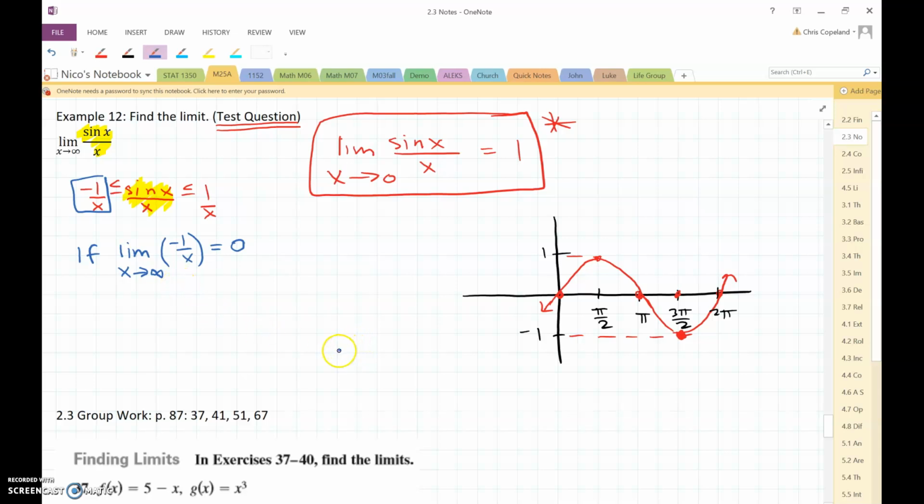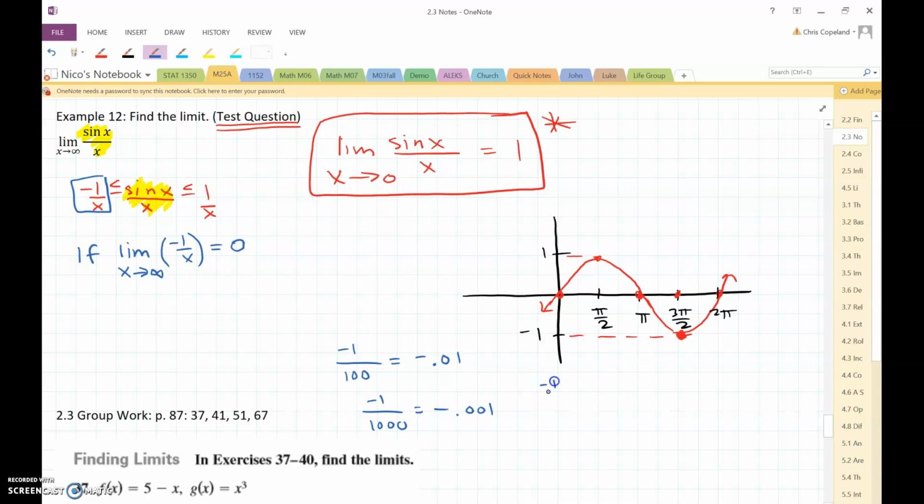If you think about infinity, that's a number that just keeps increasing without bound, right? If you divided -1 by 100, you would get -1/100ths, right? If you divide that by 1,000, you would get -1/1,000ths.